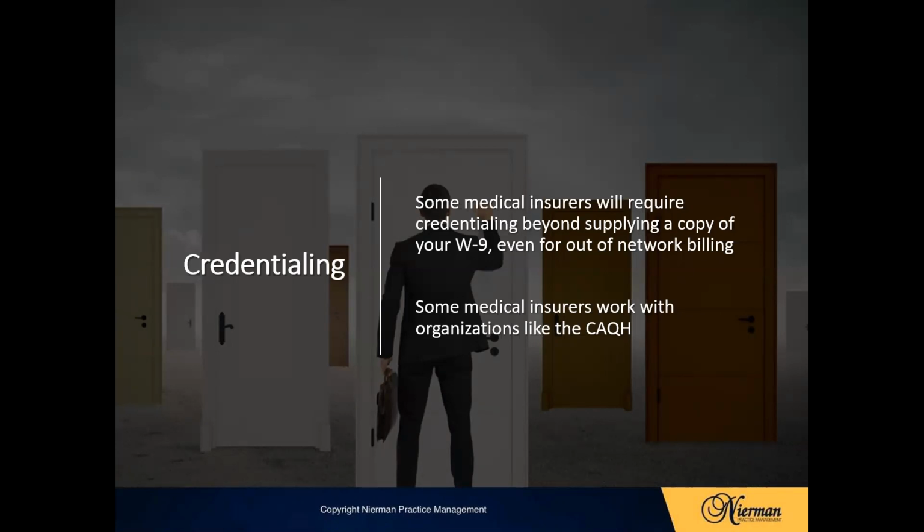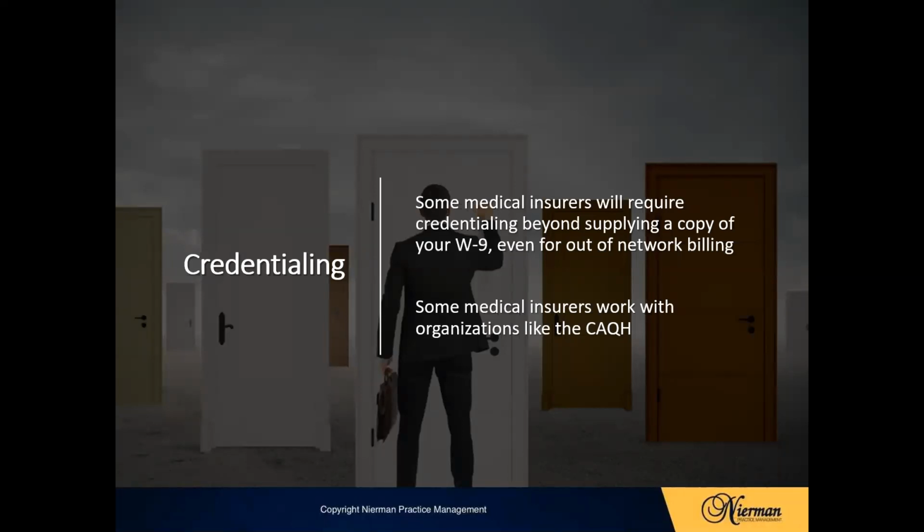Many of them will just say, send us a copy of your W-9 with your first few claims. However, you will run into insurance companies, many of the Blue Cross Blue Shields especially, that will want you to fill out some paperwork in order for them to accept your claims. They'll want you to register your NPI or your doctor's information with them.